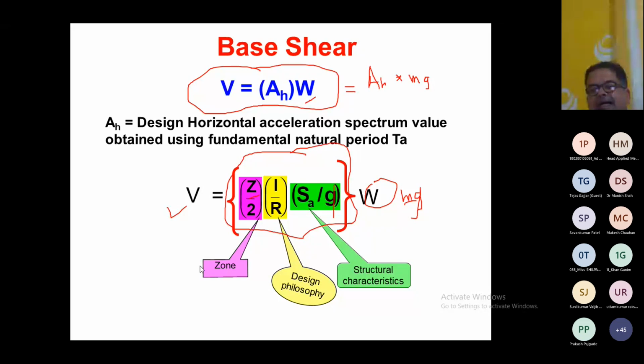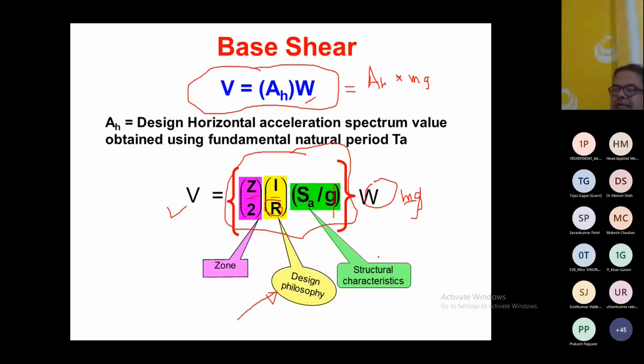Then we have I by R. I is the importance factor, R is the response reduction factor, and SA by g is the spectral acceleration normalized with respect to gravitational acceleration. The response reduction factor basically supports our design philosophy, right? SA by g means the acceleration of the system, and it depends on the structural characteristics.